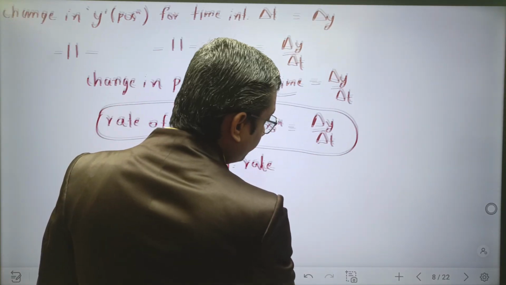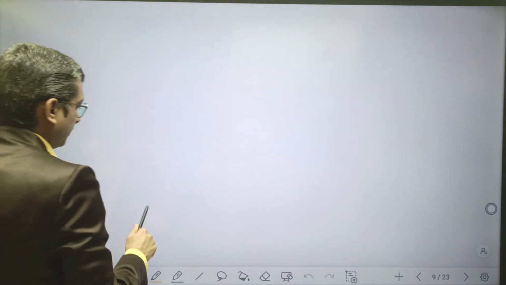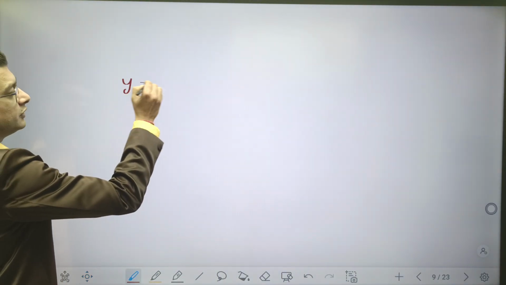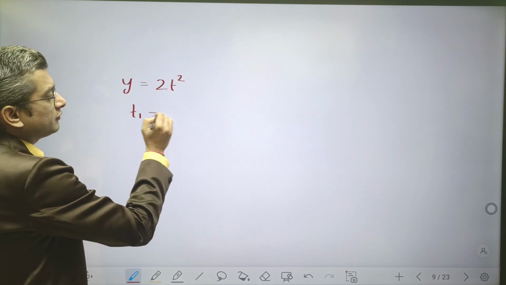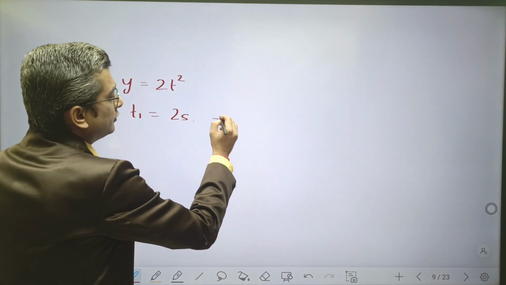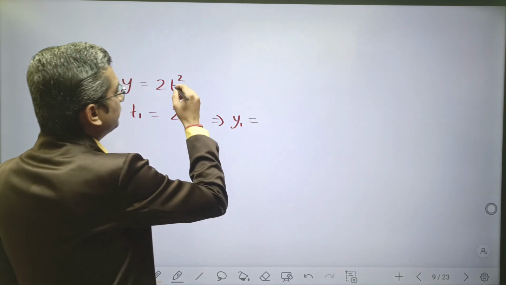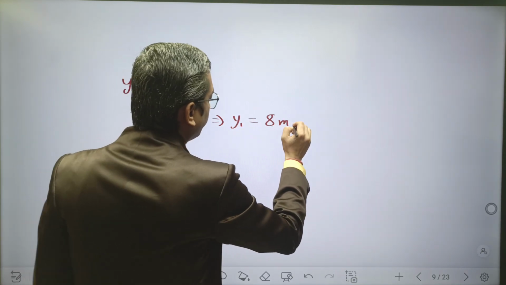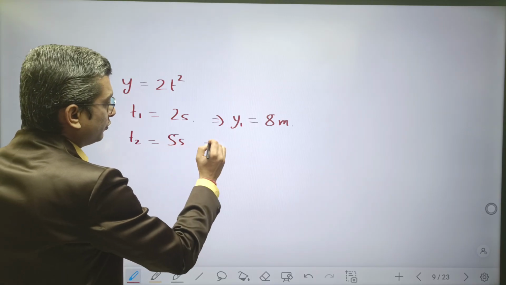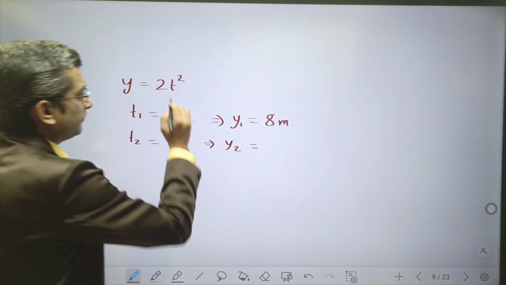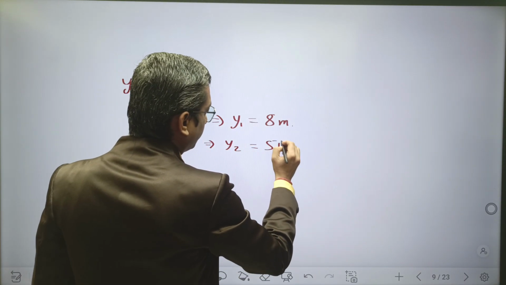Now from this curve, I am explaining it further, that is y is equal to 2t square. Suppose I am taking t1 is equal to 2 second. So position at this time is given by 8 meter. Suppose I am taking t2 is equal to 5 second. So the position at this point is given by 2 times 5 square, 2 times 25, that is 50 meter.